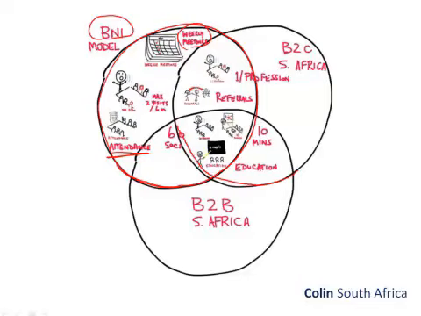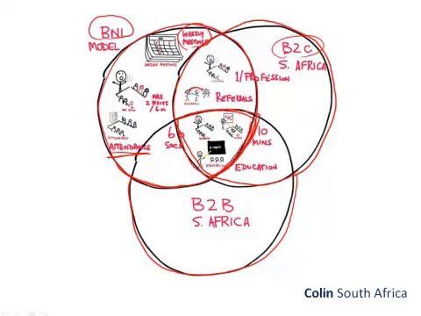The top right-hand one is a business-to-consumer model in South Africa, and the bottom one is a business-to-business model in South Africa. I tried to see how the overall BNI model fits, and I saw some serious discrepancies. But it gave me focus on the fact that I'm mainly a business-to-business model in South Africa. It gave me tremendous focus.